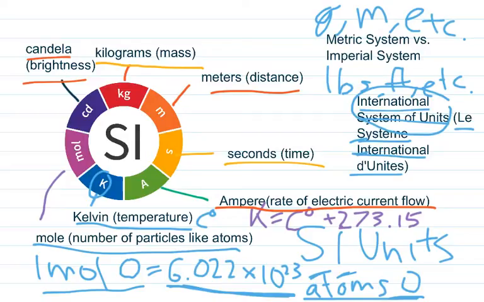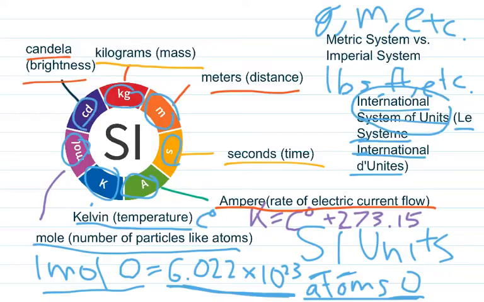And now let's look at our symbols. Let's start with mole. MOL stands for mole. K stands for Kelvin. A stands for ampere. S stands for seconds. M stands for meters. kg stands for kilograms, whatever you like to call it.